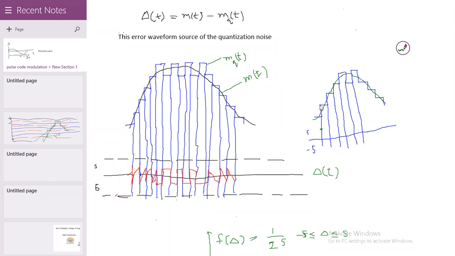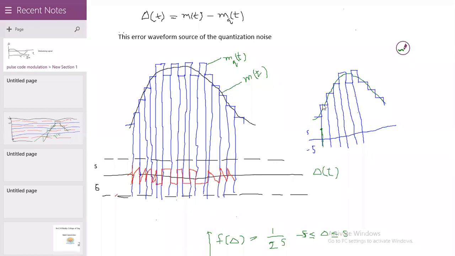That means at the same point the signal is negative because here mq of t is greater than m of t at this time. Then this mq of t is constant until tau seconds here. That is a bit duration, or that is the sampling period.